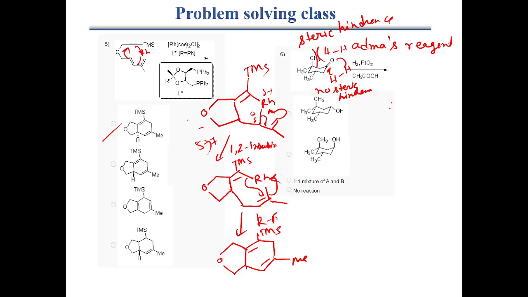So this one, coming from the equatorial, then the alcohol goes to the axial. This will be the major product, I guess. So the axial product is the major product, to avoid steric hindrance. So here, no steric hindrance.